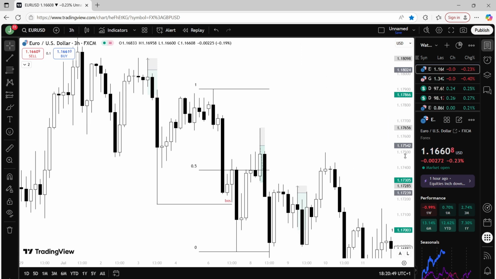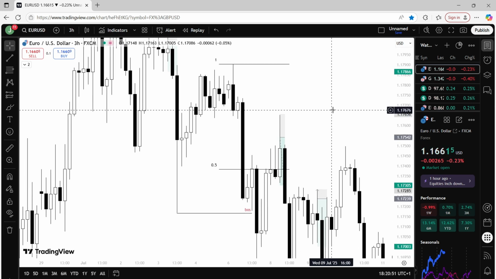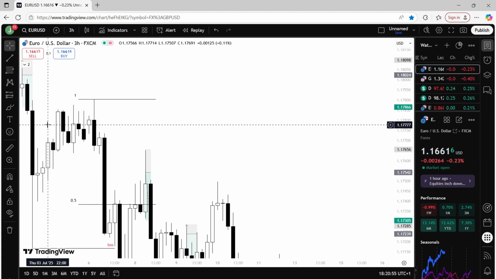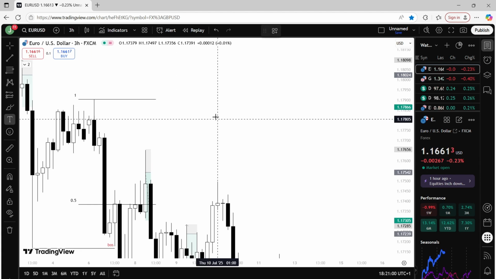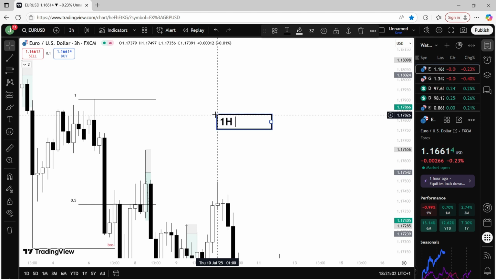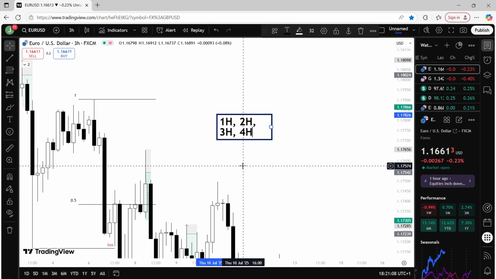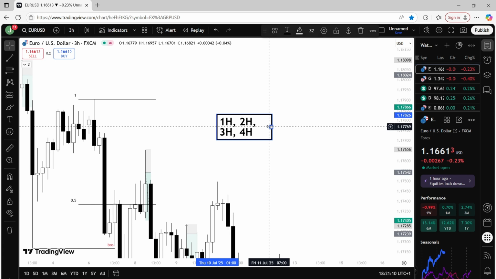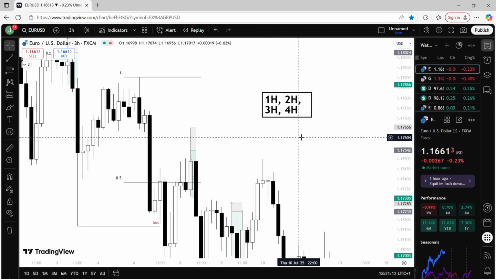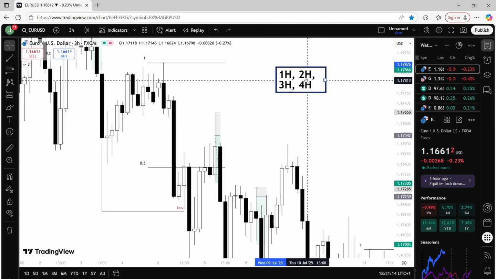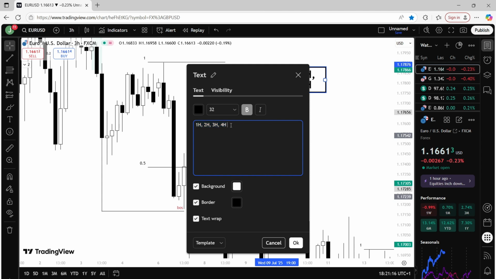But when it comes to points of interest, and when I say points of interest, I'm referring to fair value gaps and order blocks, play around with the 1 hour, 2 hour, 3 hour and 4 hour just to see what sort of POIs there are. And then when it comes to entry, you just want the 5 minute or 15 minute for entries, and then obviously liquidations on the 4 hour. But yeah, so 1 hour, 2 hour, 3 hour, and 4 hour for POIs.